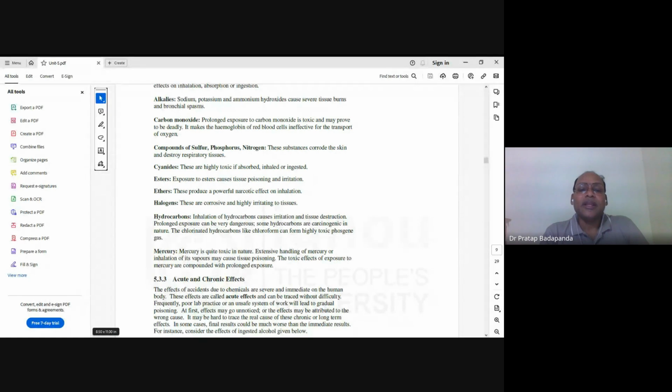Hydrocarbons: inhalation causes irritation and tissue destruction with prolonged exposure. Majorly, a respiratory tract problem will be there. For those having any kind of respiratory disease like bronchitis or asthma, which is a common disease nowadays, I don't know whether asthma is curable, the medical science people will tell, but I have seen lots of people suffering from asthma who continuously take medicines, due to pollution and so on.